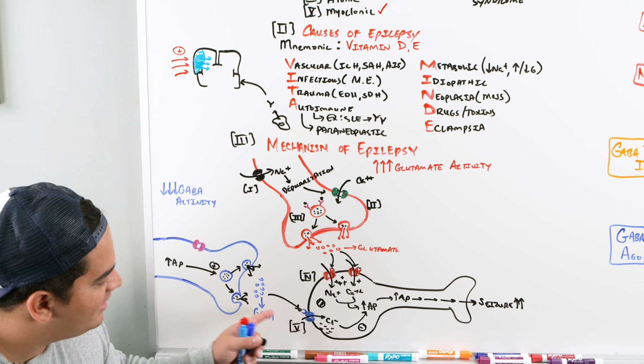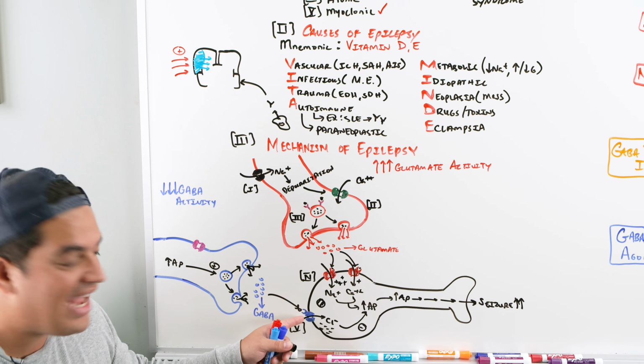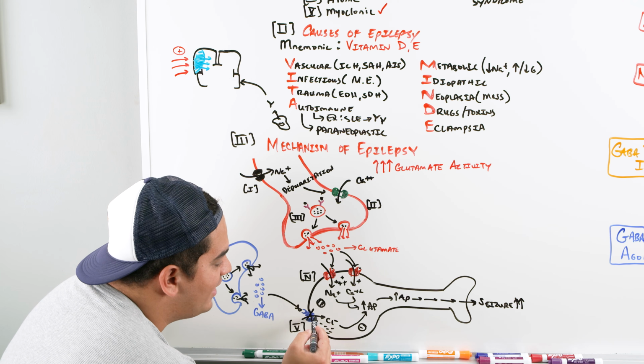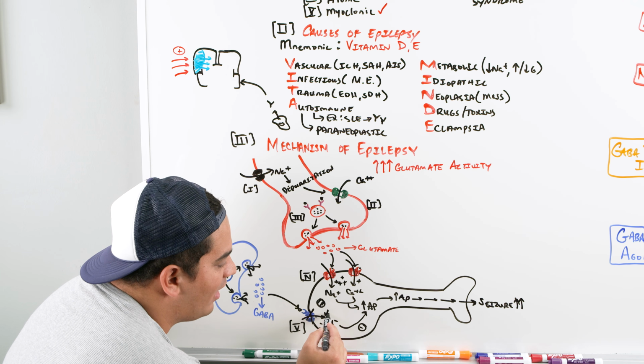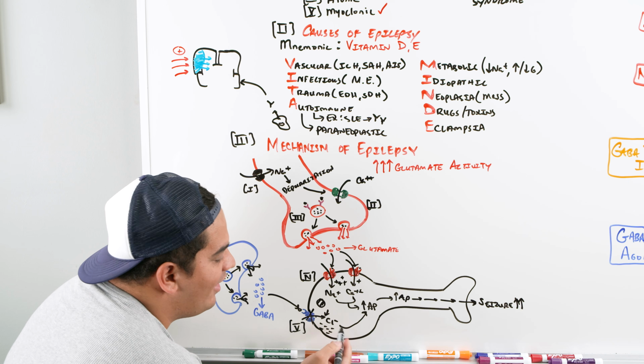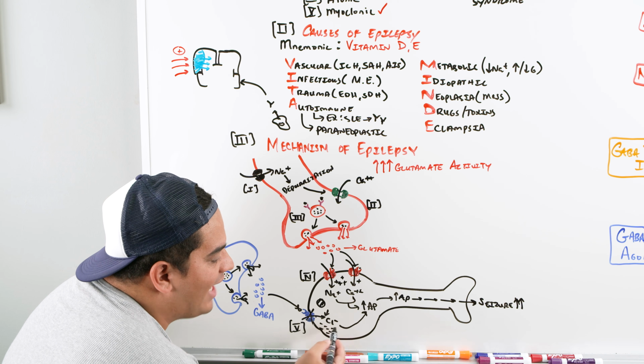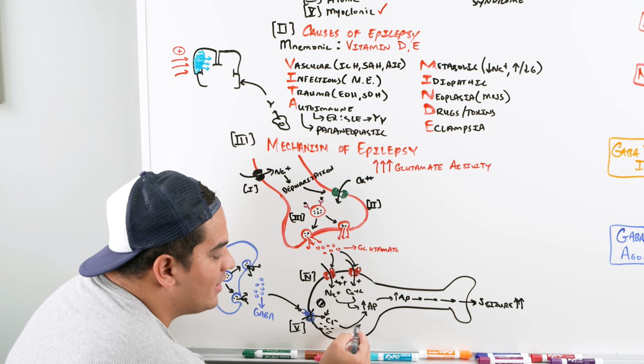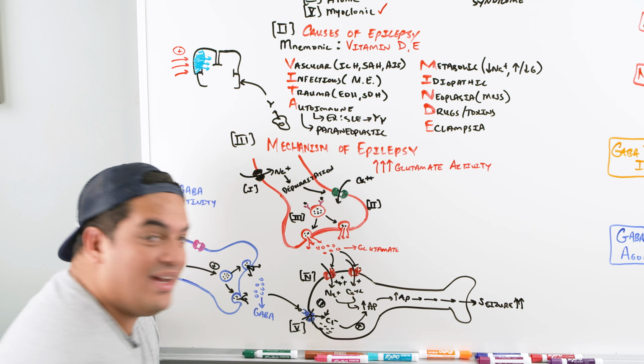But the problem is that there's some type of dysfunction at the GABA-A receptor where this doesn't work. If this doesn't work, you get less chloride influx and you get less hyperpolarization. You don't hyperpolarize as much, so therefore you end up causing stimulation of an increase in action potential.